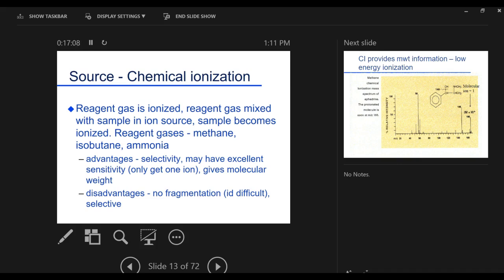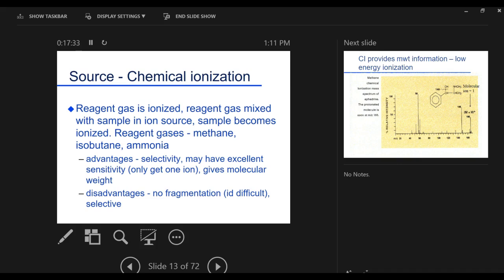This is very selective because now we're just not moving into bits and pieces. We're doing a little discrimination of actually what will fragment and what won't fragment into pieces. And we only get one ion, which is really nice because it gives us a molecular weight. So, okay, I get maybe a few more pieces out of things. Maybe I get a molecular weight.